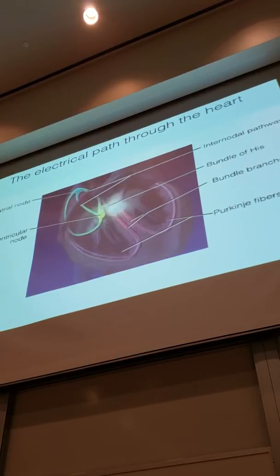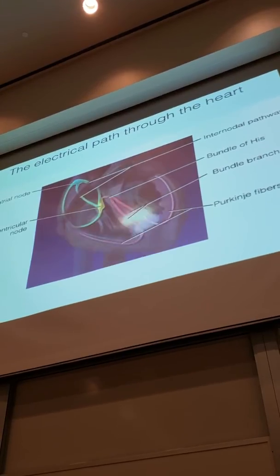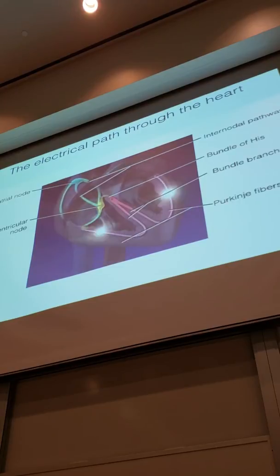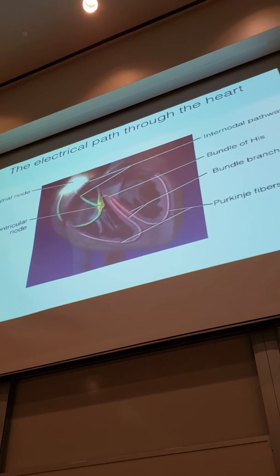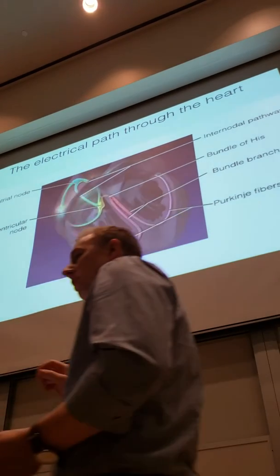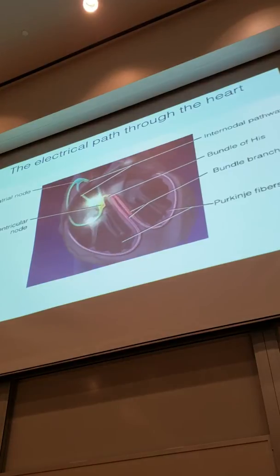These action potentials that are propagated through the conduction system also spread through the contractile cells, right? Okay. So the SA node is largely responsible for stimulating the contractile cells of the atria. Okay.